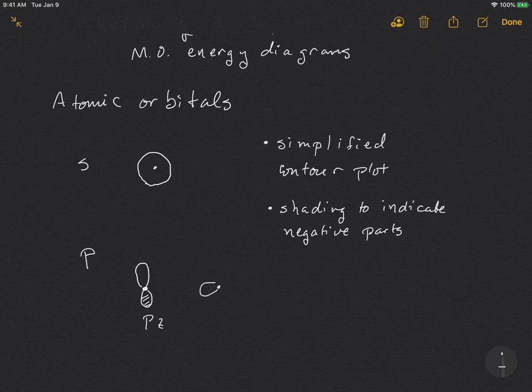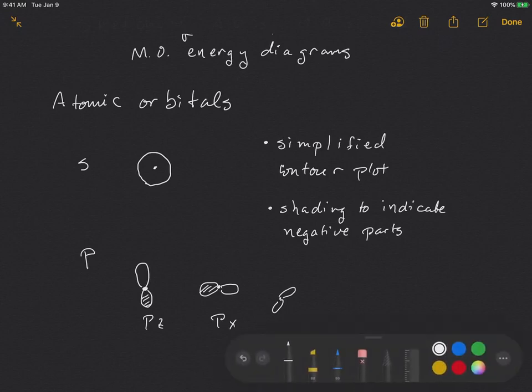For px, we could have it going along the x-axis like so. And here the negative part of the wave function will be represented by the shading of the lobe that's to the left. And there's going to be another one that we can represent as either sticking outside of the plane of the piece of paper or tablet, or along an angle.